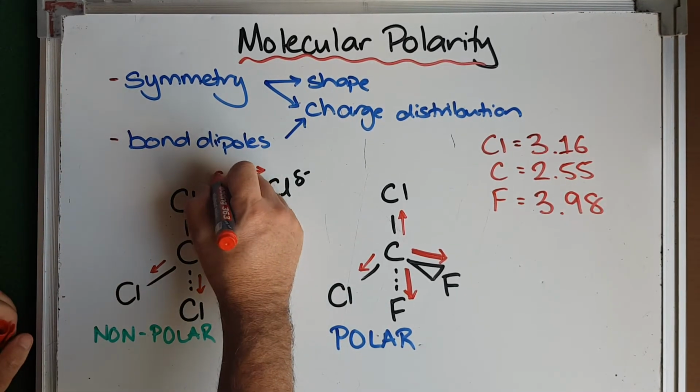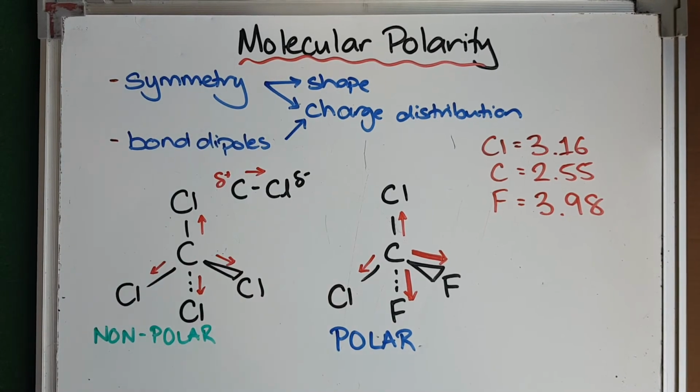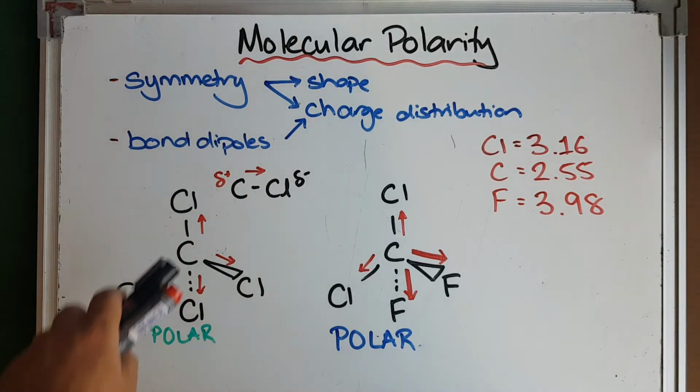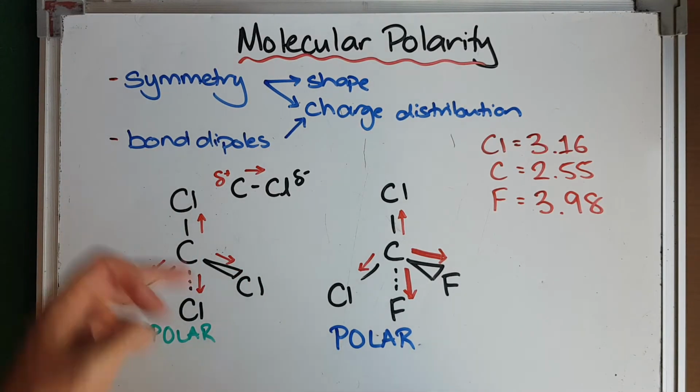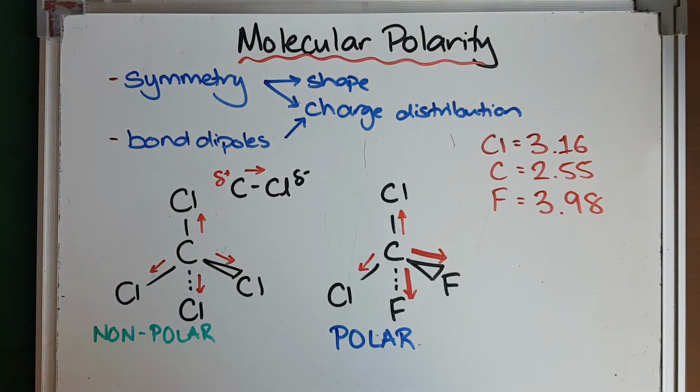So therefore, we've got these dipoles within the molecule. But because of the symmetry of shape, because all of them are CCl bonds, those dipoles all end up cancelling out. So it's a non-polar molecule. CCl4 is non-polar.